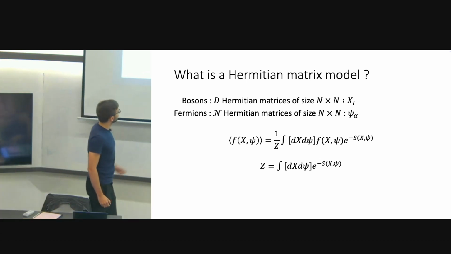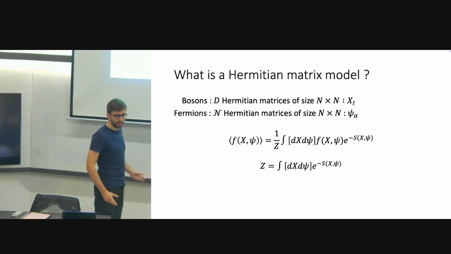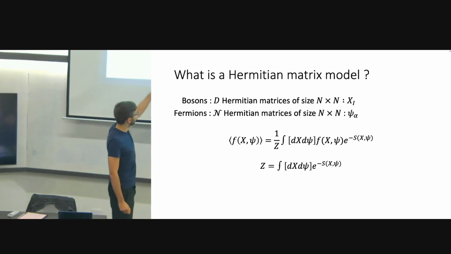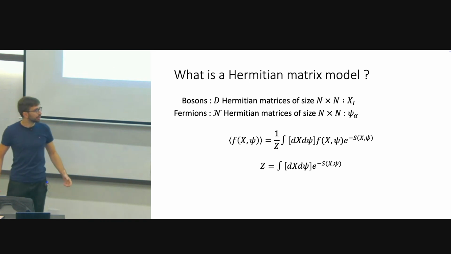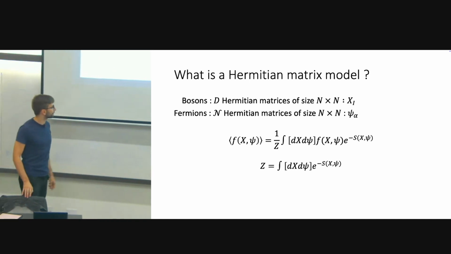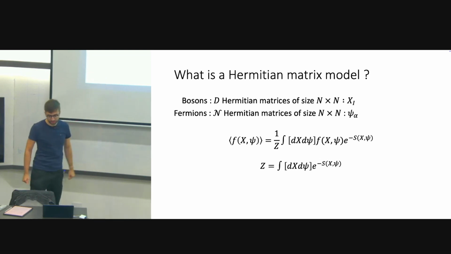If you want to compute expectation values, it's like random matrix theory, except that we allow for fermions, which is a special feature. That's the way we define the model, and then the partition function is just given by this integral.